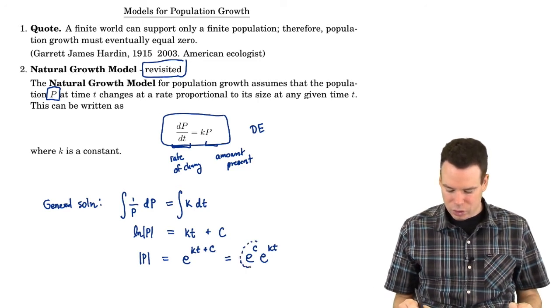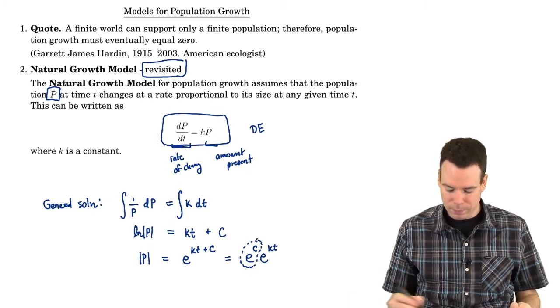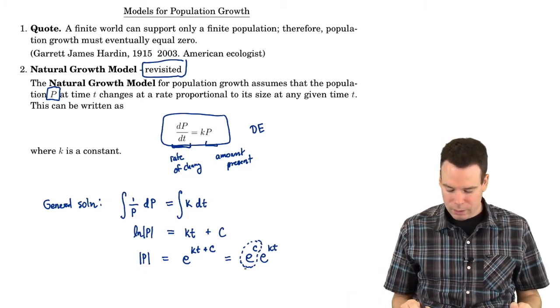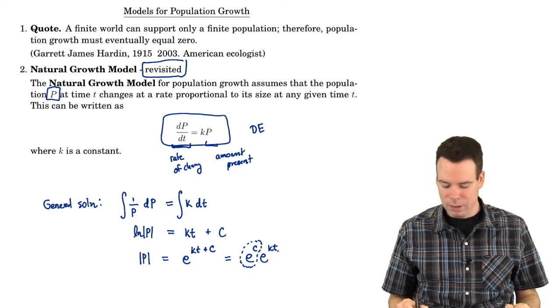Since C is just a constant, it was our constant of integration, e to the C is also just a constant. In this case, e to the C will always be a positive value. So the absolute value of our population function is always some positive constant times e to the kt.